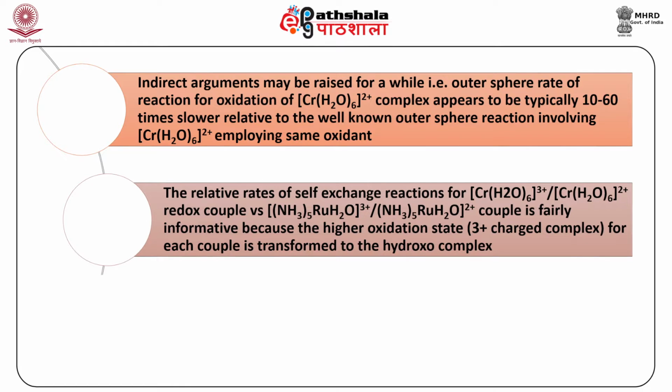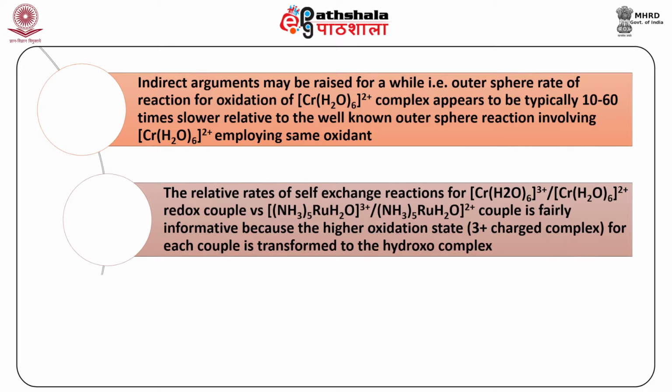The relative rates of self exchange reactions for the chromium hexa water 3+, chromium hexa water 2+ redox couple versus the ruthenium penta ammine single water, that is Ru(NH3)5(H2O) 3+ and Ru(NH3)5(H2O) 2+.